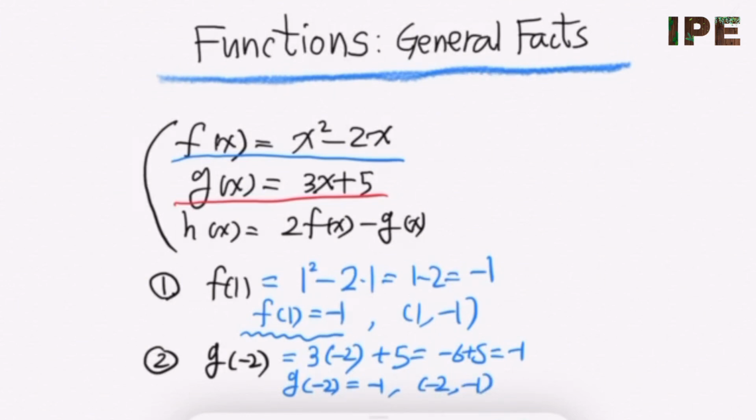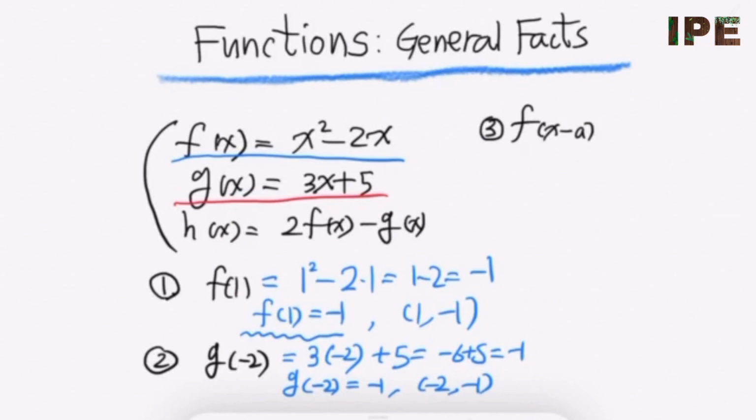What about next? Number 3. I give you f of x is x squared minus 2x, right? So what is f of x minus a? To find f of 1, we plug in 1 for x. To find g of negative 2, we plug in negative 2 for x of g of x.